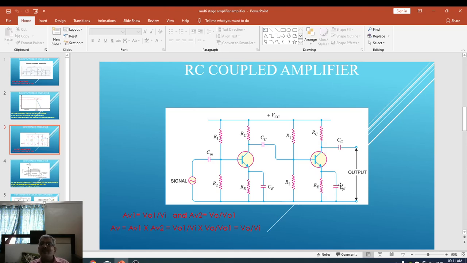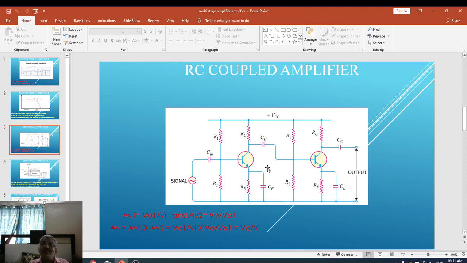Naturally, the amplified output voltage is obtained at the collector of transistor Q2. This amplified output voltage is coupled by the coupling capacitor C2 to the output measuring device. Friends, let Vi be the input signal applied here for amplification.